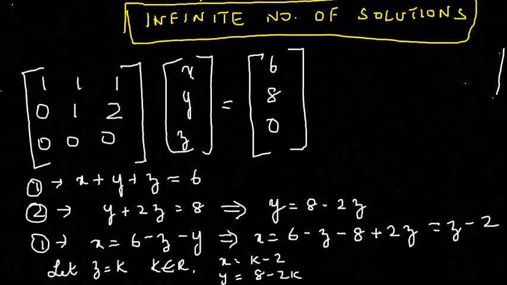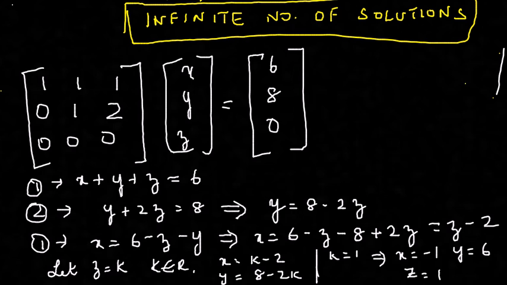And if I substitute, let k be equal to 1, then I will get x is equal to minus 1 and y is equal to 8 minus 2, which will be 6, and z of course will be k, so z will be equal to 1. So for different values of k, you will be getting different solutions.